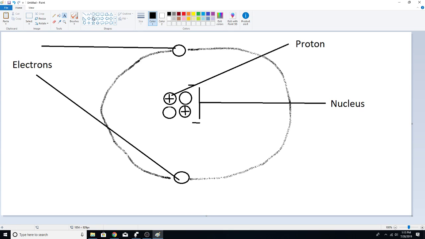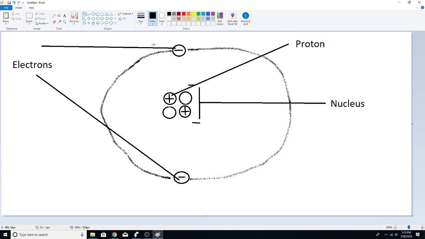Now, electrons have a negative charge. The negative sign here means it has a negative charge. So they are electrons.